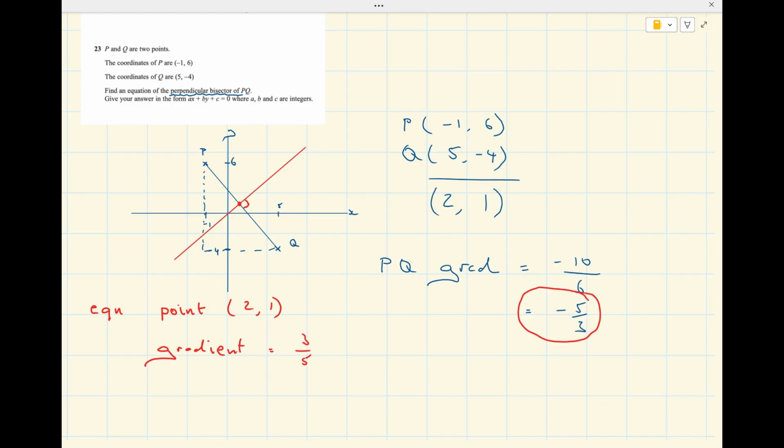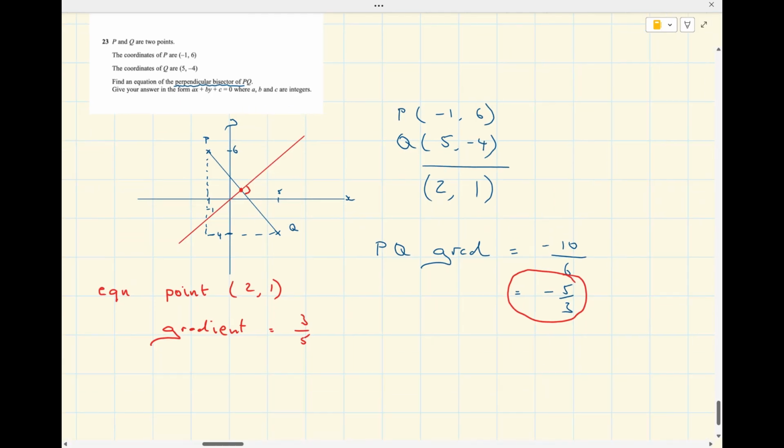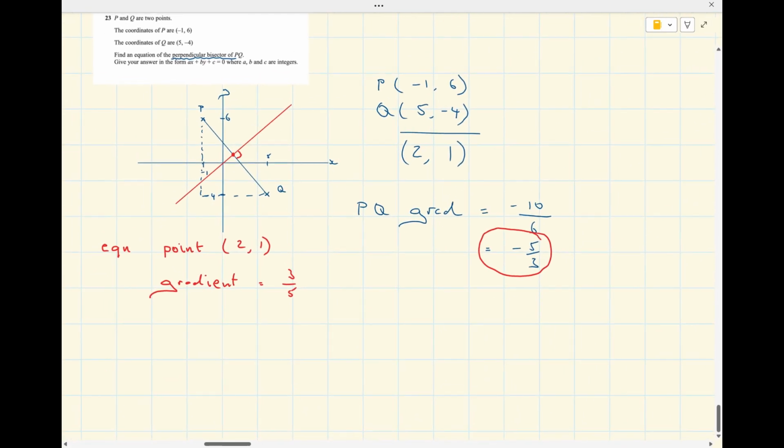Now I know the gradient, and I know a point on the line. So here is a standard method to find the equation of that red line, the equation of the perpendicular bisector. We know that y equals mx plus c, so y equals the gradient 3/5 of x plus c. And now we can use the point we know. Our red line goes through the point (2, 1). So when x is 2, y is 1.